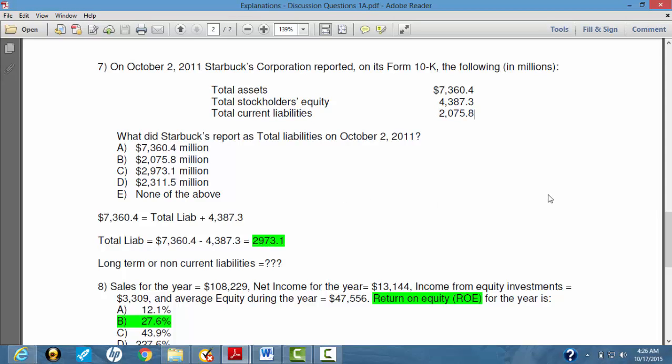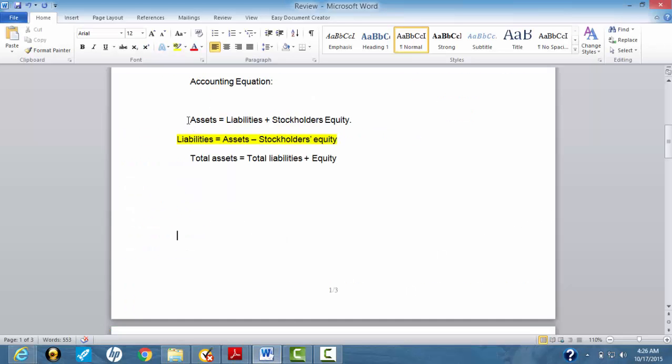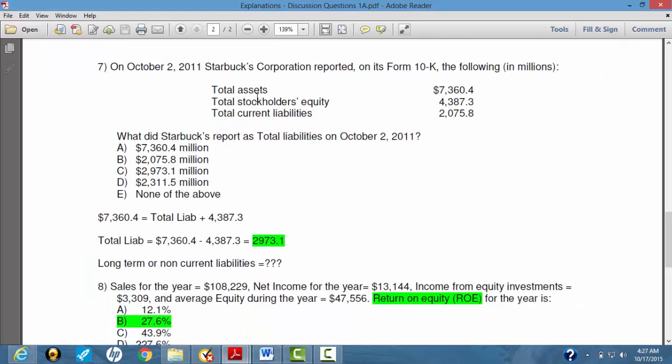Now, we need to use the accounting equation to answer this question. And the accounting equation again is assets equals liabilities plus stockholders' equity. So let's look at the question again. Our assets are 7360.4. We do not know our total liabilities, but we know total stockholders' equity.